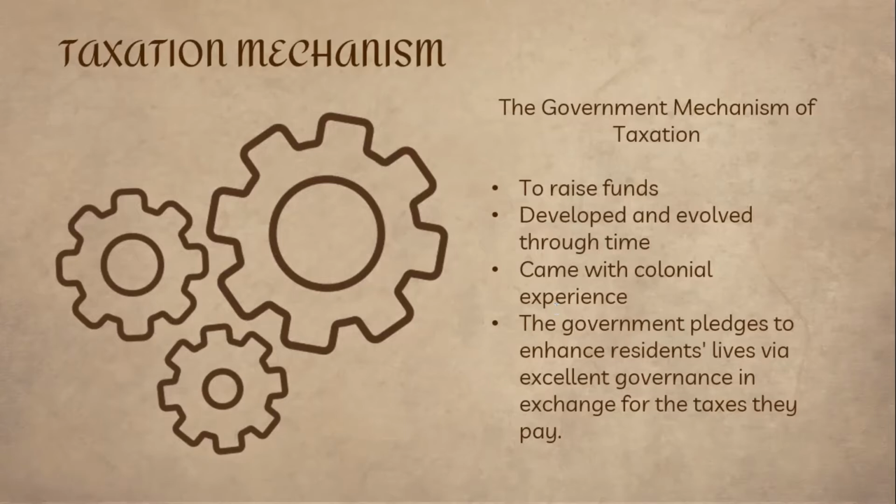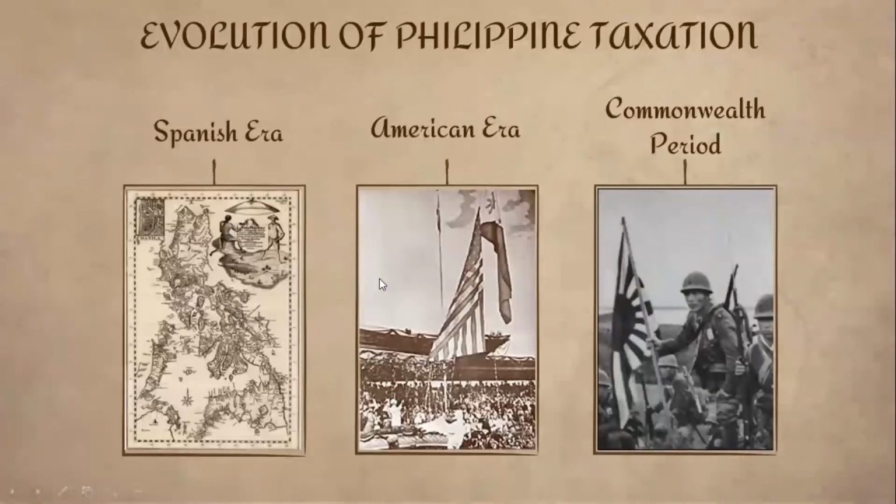Moving forward to our slide, let us go back to the time when taxation was originated and evolved. So we have three periods of time: the Spanish era, the American era, and the Commonwealth period, which includes the Japanese system of taxation in the Philippines during World War II.